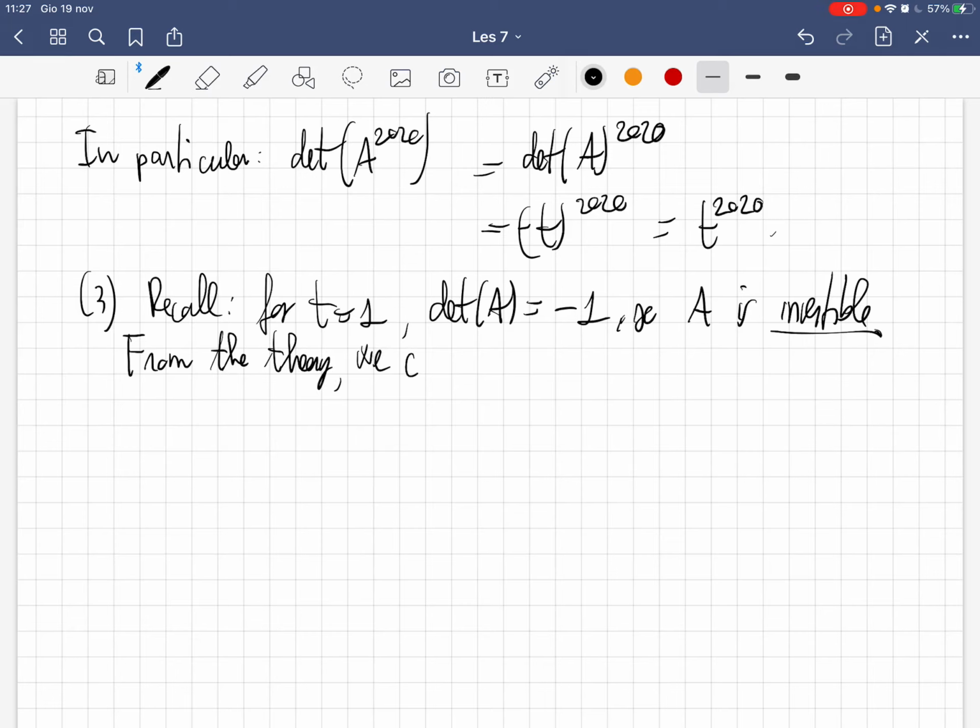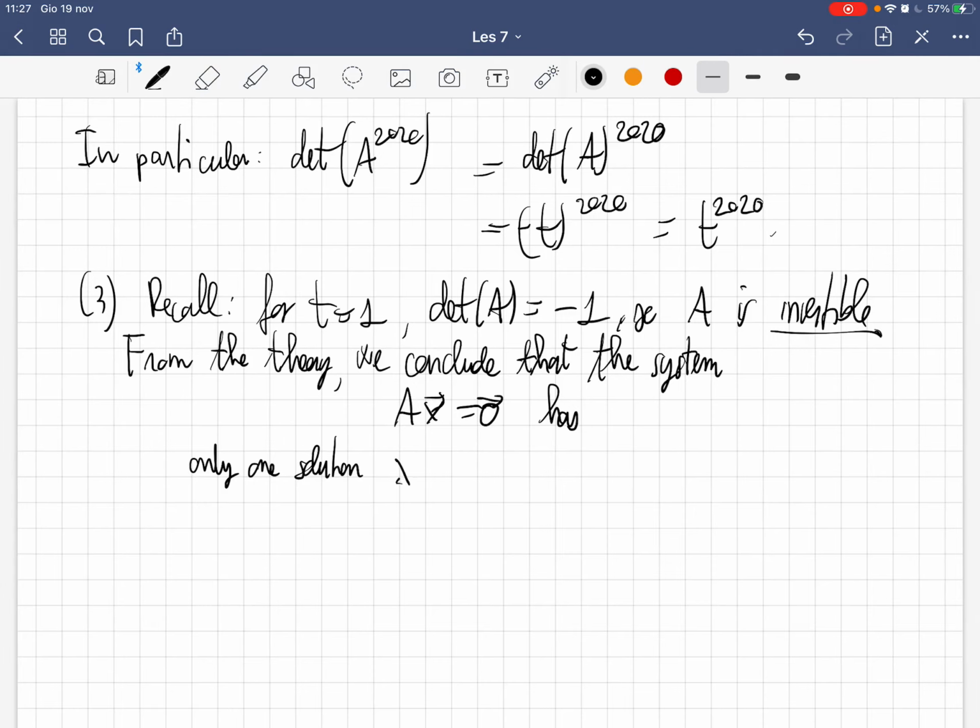We conclude that the system Ax equal to 0 has only one solution.